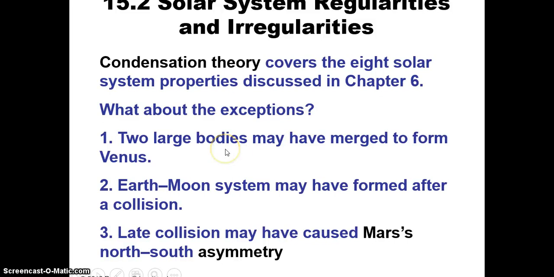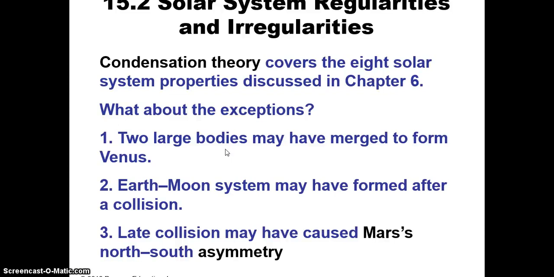For example, remember, one of the things that we find about Venus is, even though it's going around the sun in the same direction as all the other planets, its rotation about its axis is as though it is upside down.